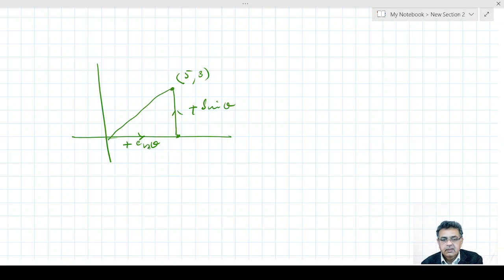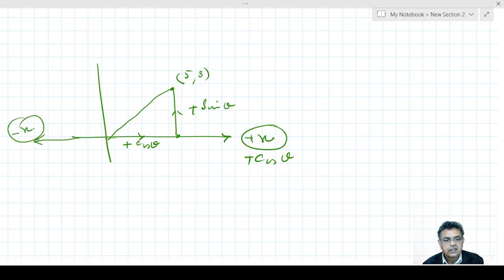So we can decide about the signs of sin theta and cos theta by considering the direction of x and y. If a point is towards positive x, that means cos theta is positive. If a point is towards negative x, then cos theta is negative.